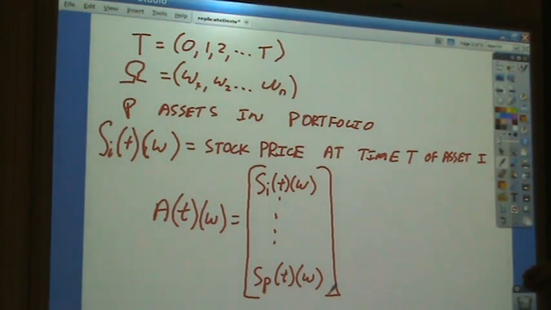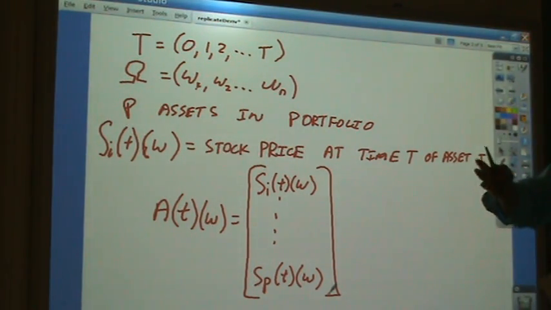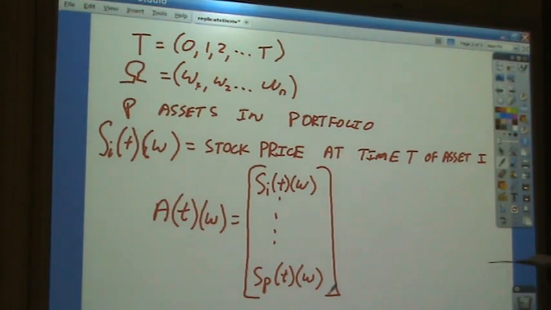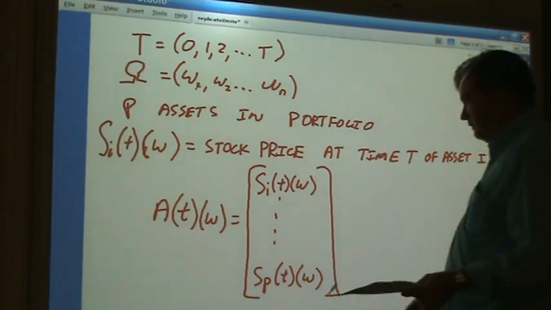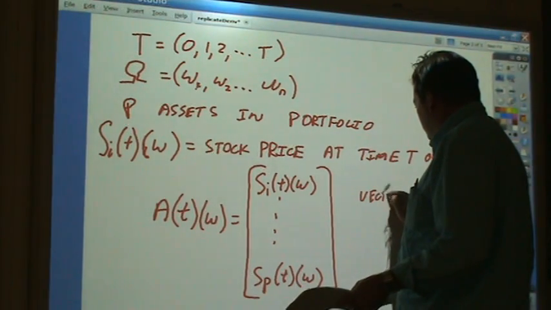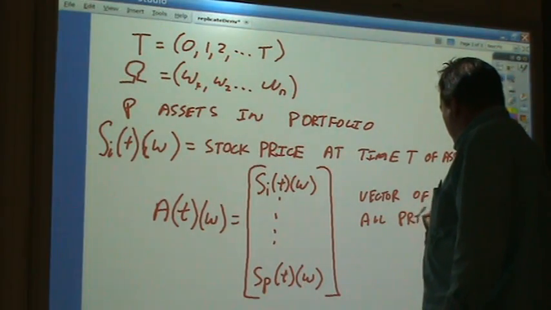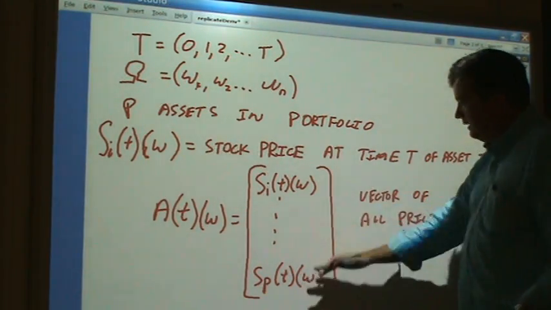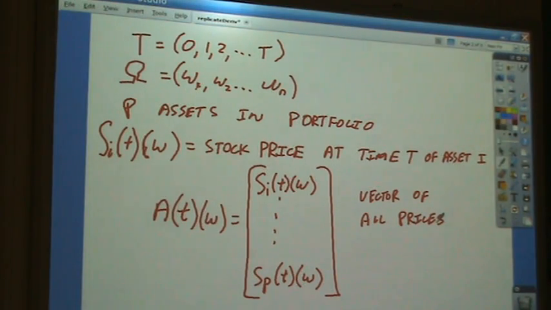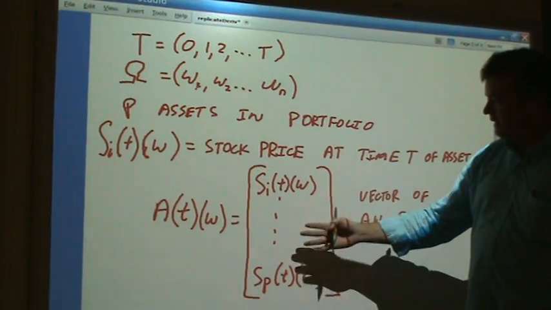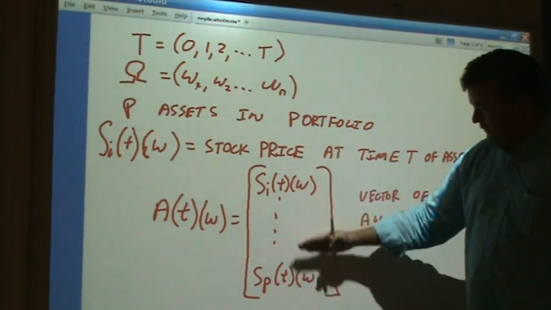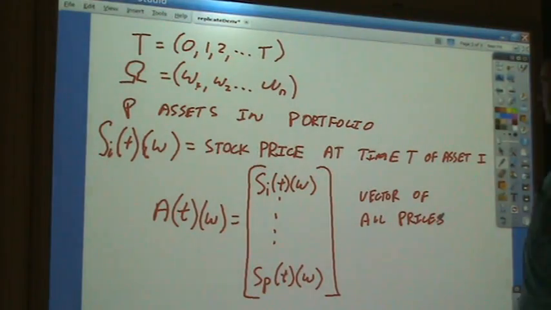We'll go through a really simple example where either the stock price has doubled or the stock price has gone in half and there's no gray area. So this is a vector of all prices of all these stocks in our portfolio. If we have 4 different stocks, then obviously at some time in the future they'll have 4 different prices.